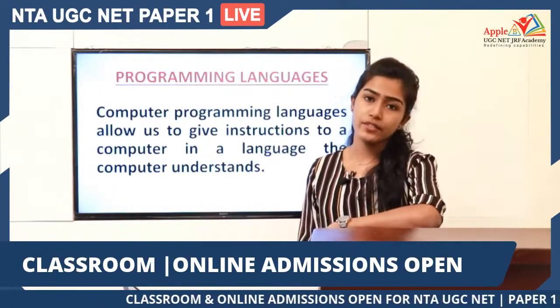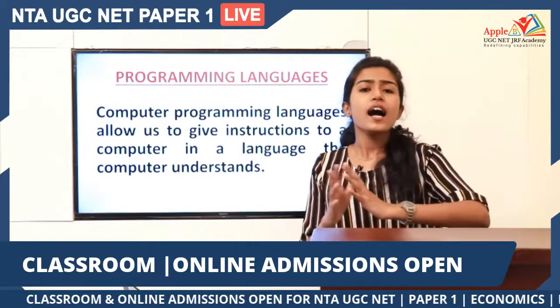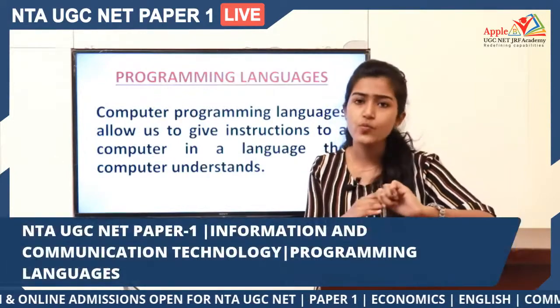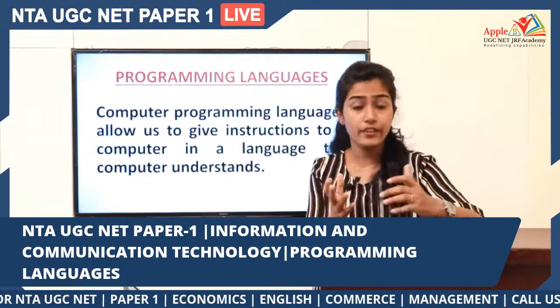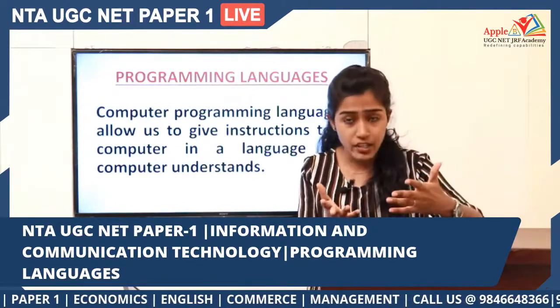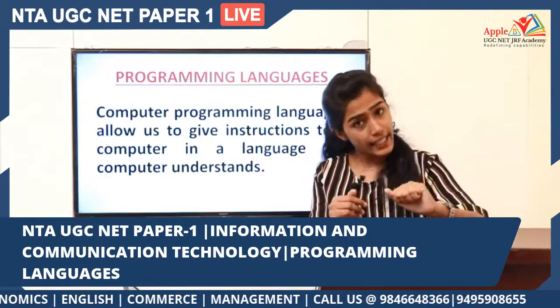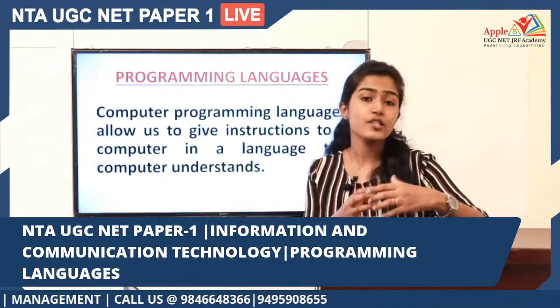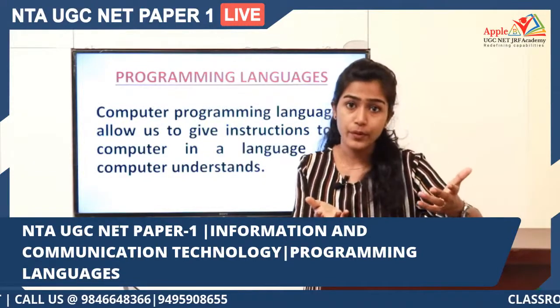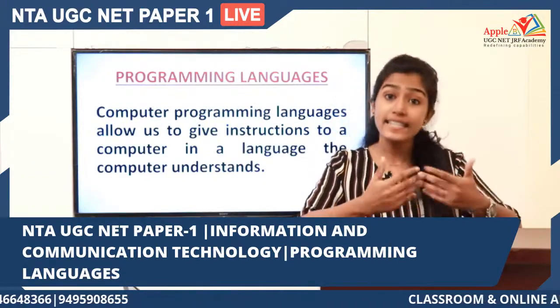Now we are moving to programming languages. We all know that for communication, we need a language, right? To communicate, to convey messages, or to give instructions, we need language. Likewise, computers also require a language so that we can give instructions to the computer, and this language should be understood by the computer.